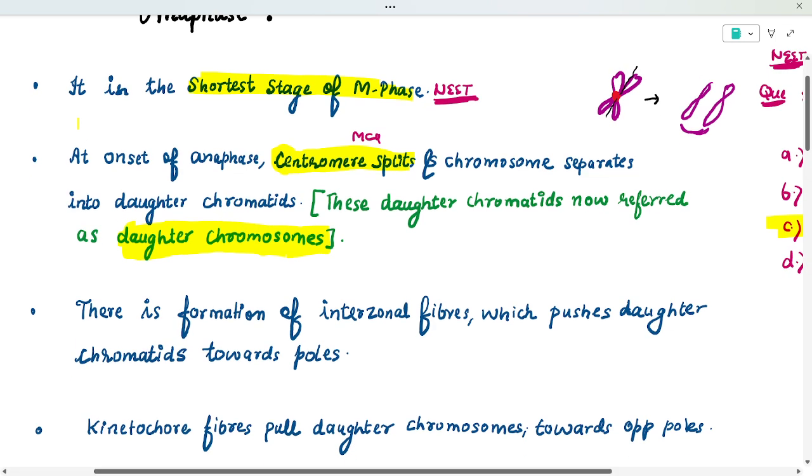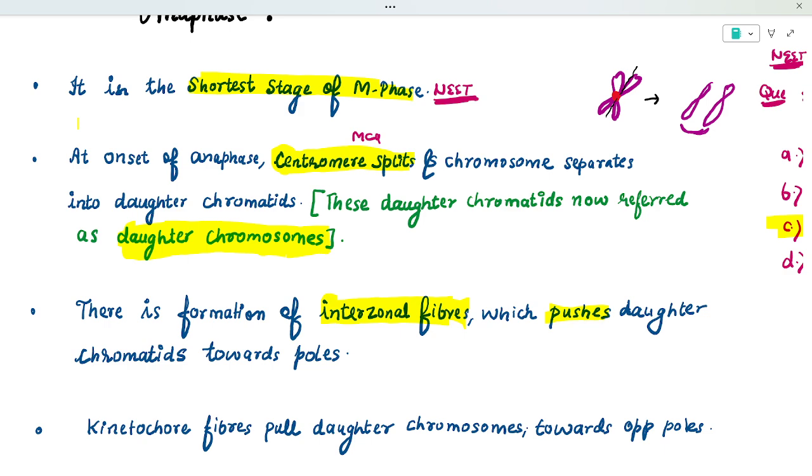And how does this splitting of the centromere occur? After separation of these sister chromatids, they will start moving towards the poles, and that is helped by interzonal fibers. We will study the interzonal fibers diagrammatically. What is the function of the interzonal fibers?